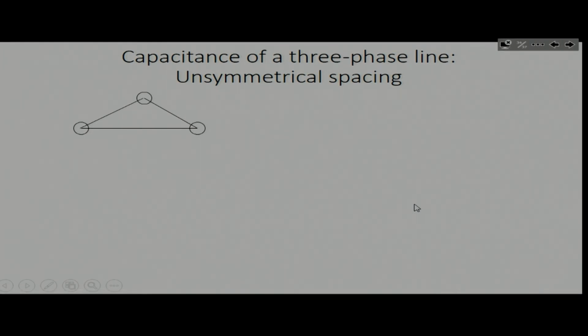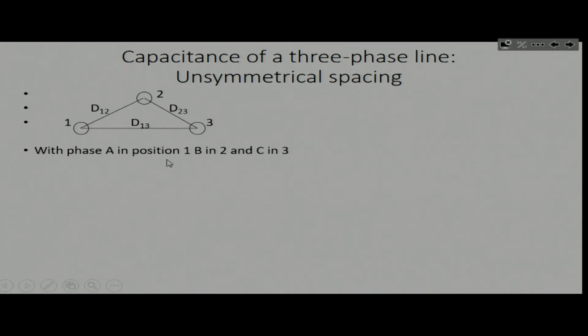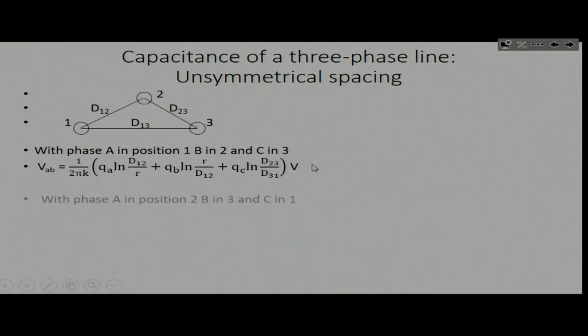Now let's look at unsymmetrical spacing, where A is in position 1, B in position 2, and C in position 3. Then we get the equation that VAB is 1 over 2 pi k times QA ln D12 over R plus QB ln R over D12 plus QC ln D23 over D31.